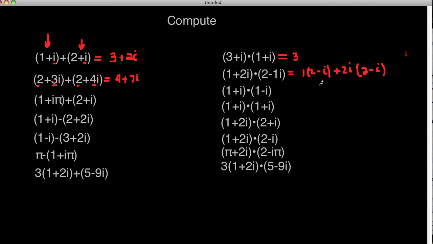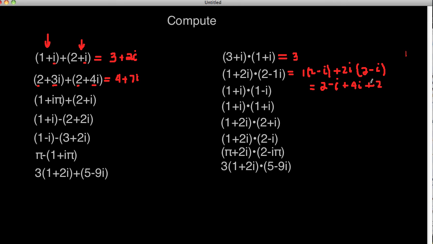Okay, 1 times 2 is 2, 1 times negative i is negative i, so this becomes equal to 2 minus i, plus 2i times 2 is 4i, and 2i times negative i, well, i times negative i is 1, so this becomes plus 2.